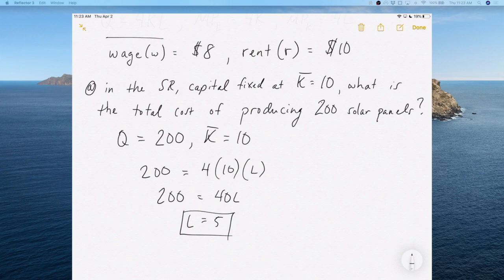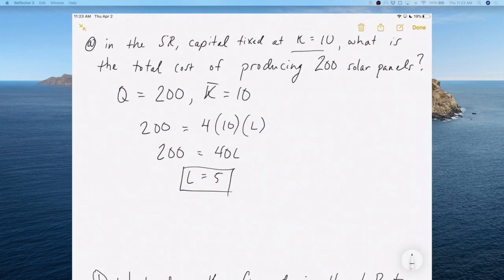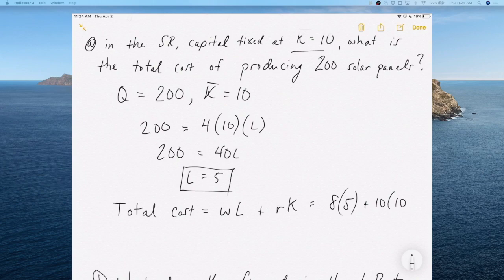So now we know how much labor we're using, and we know how much capital we're using. It's fixed at 10. So we have to put those values into the total cost equation. Remember, total cost is equal to the wage rate times the amount of labor plus the rental rate times the amount of capital. In this case, we have 8 times 5 plus 10 times 10.